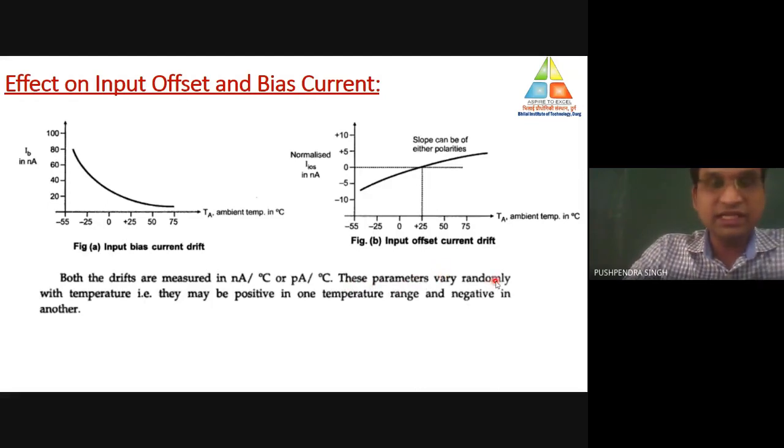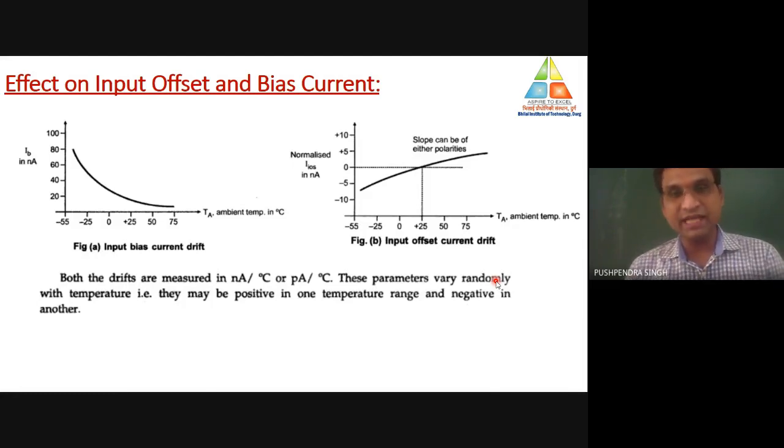So these are the different parameters which are responsible for change in the total output voltage of the operational amplifier. Now one more parameter is added here, that is change in input offset voltage, change in input offset current, or change in input bias current. Suppose there is a change in temperature, so the output voltage changes.